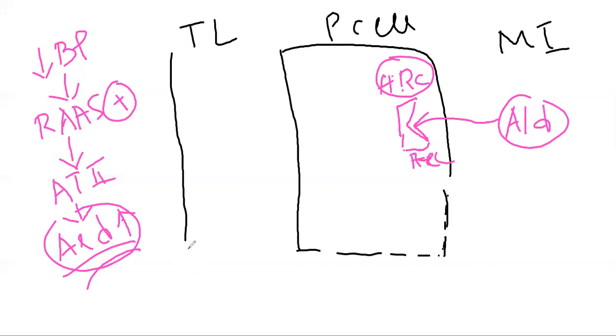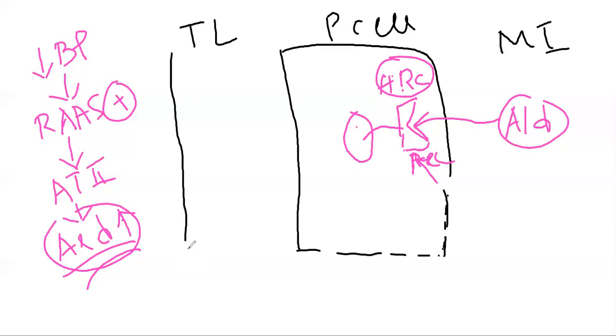So in this way, aldosterone binds with the receptor present in the cytosol, forming the hormone receptor complex, and this hormone receptor complex enters into the nucleus of the P cell, where the hormone responsive element is present.